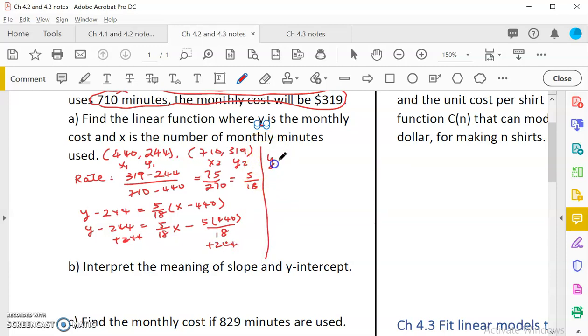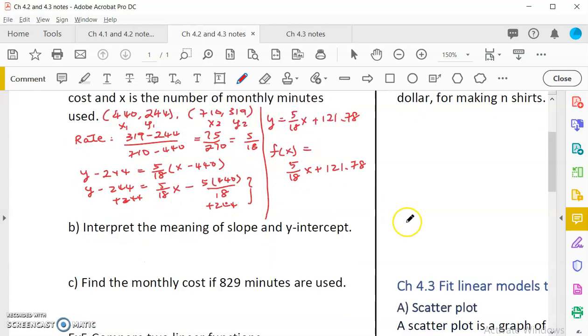So y would equal 5 over 18x plus, combining this together, it turns out to be, I did it beforehand, 121.78. Right, in the linear model, f of x is equal to 5 over 18x plus 121.78.